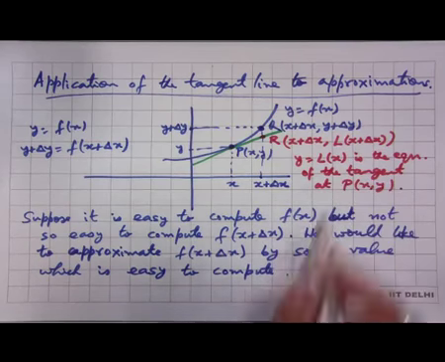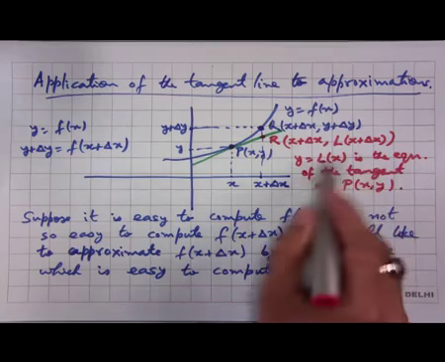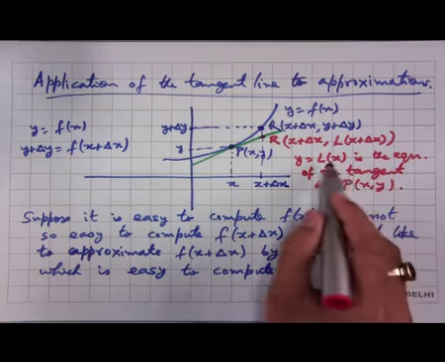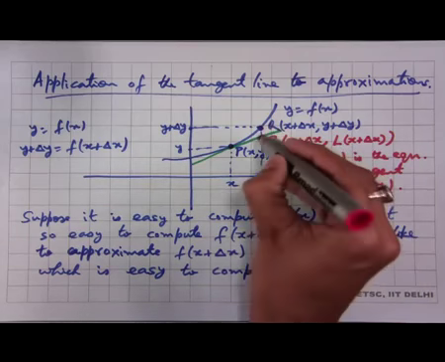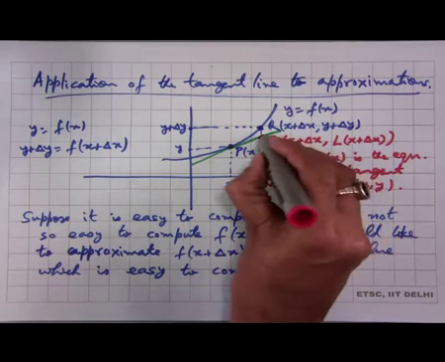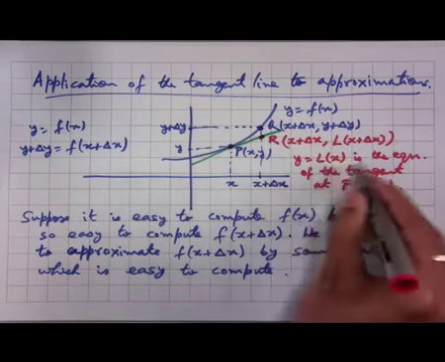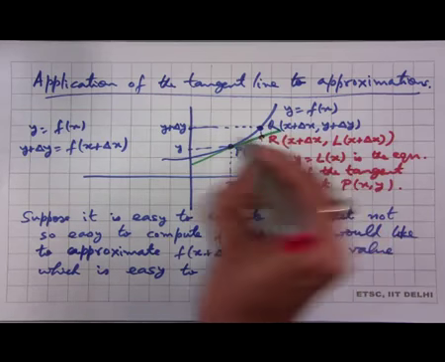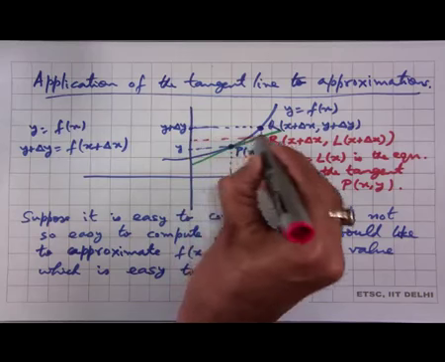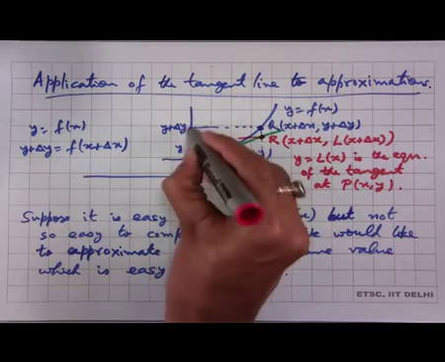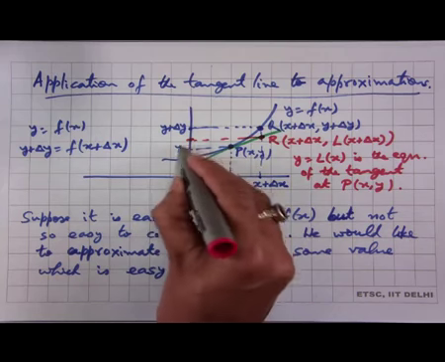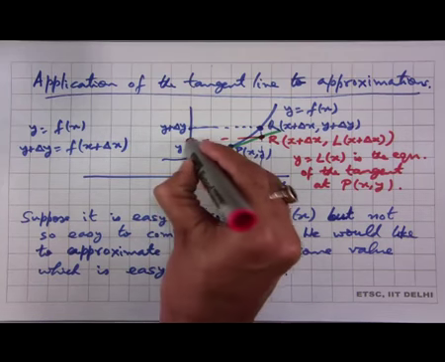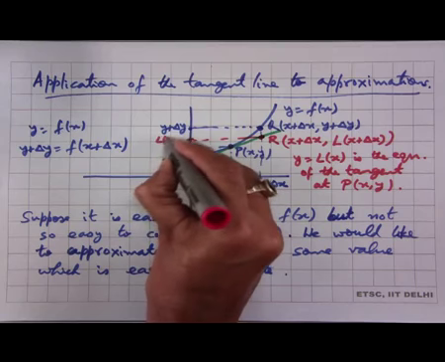Because we know how to calculate the equation of this tangent line, we can calculate L of x plus delta x. So, that will give me this value which is here. Instead of getting this y plus delta y, we will get this value which is L of x plus delta x.